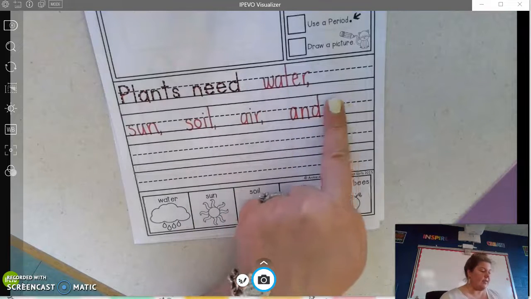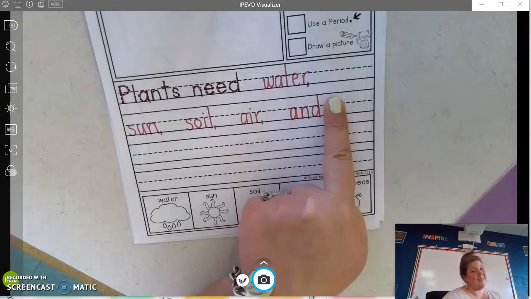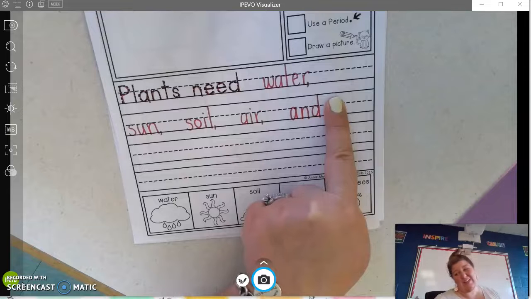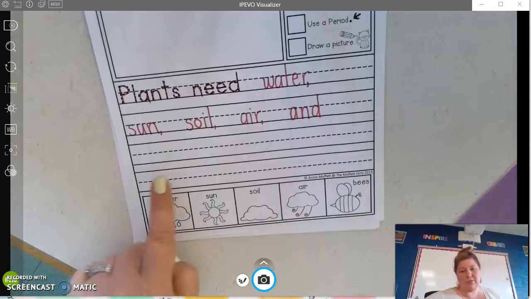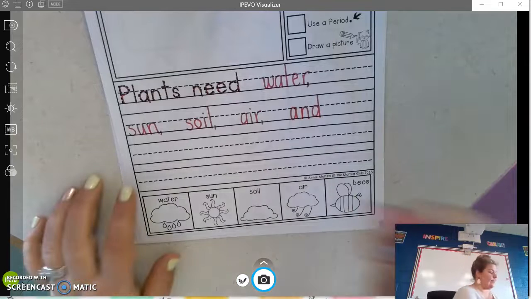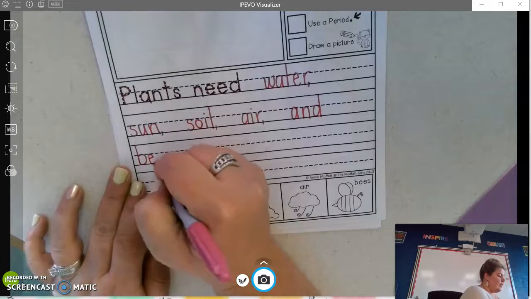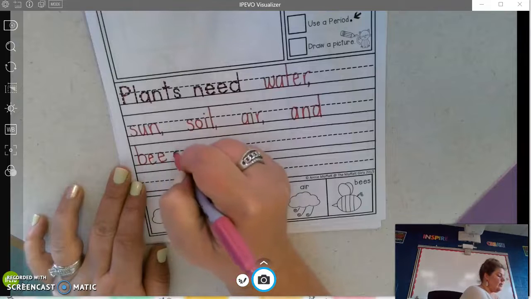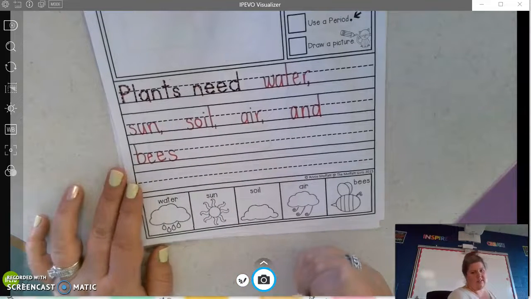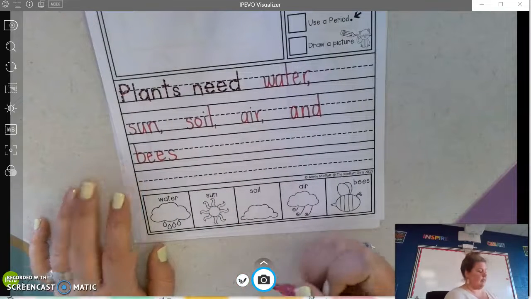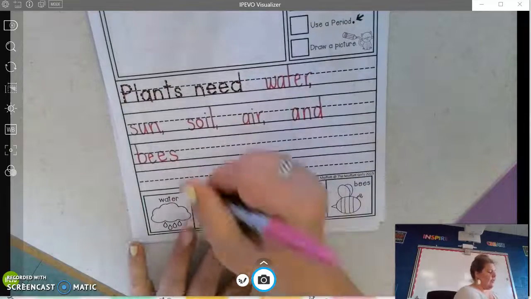And putting my finger here. Ooh, that's a real small spot. I don't think I can fit bees in that spot. Well, let's drop down to the next line. Bees. B-E-E-S. I don't know how many E's I said. B-E-E-S. And then we have to use a period.